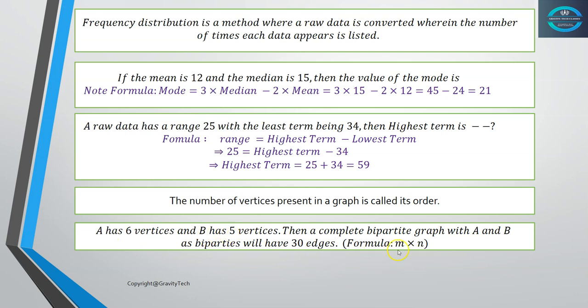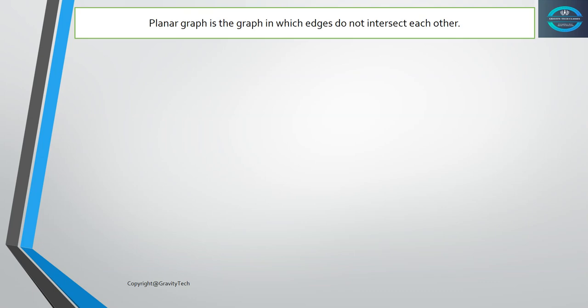The formula is M into N, so 6 into 5, multiplication of it. Okay. Next. Now, a graph in which edges do not intersect each other is called a planar graph.